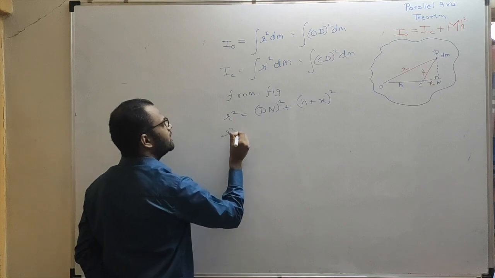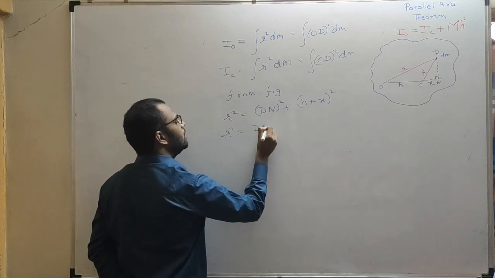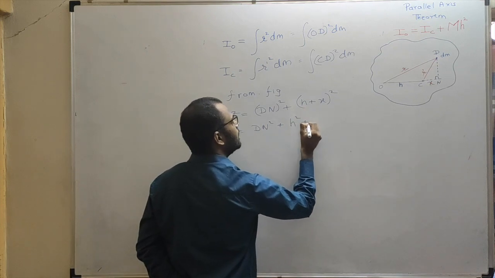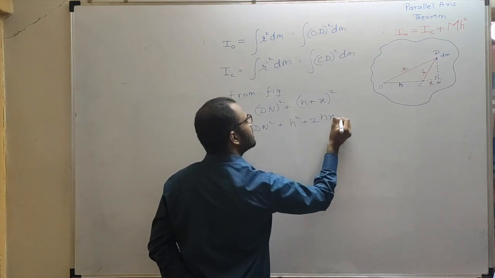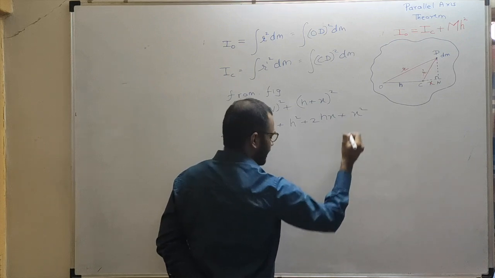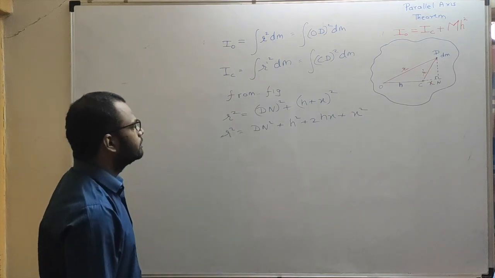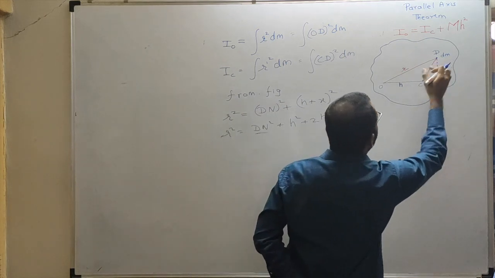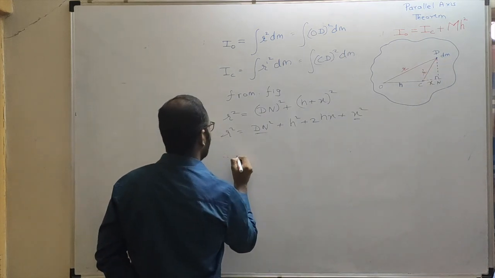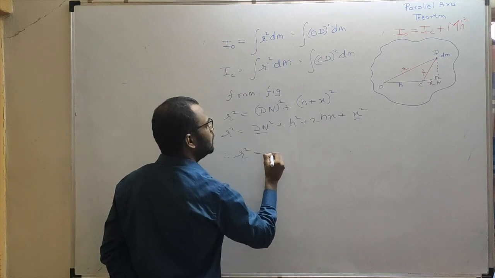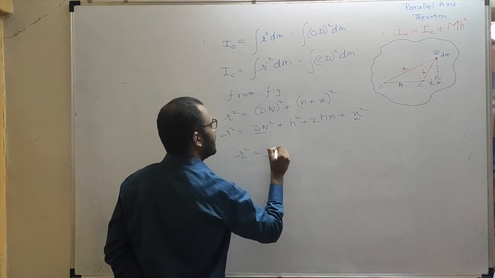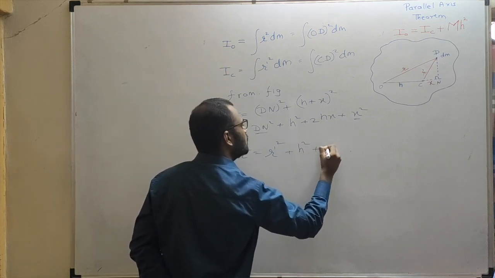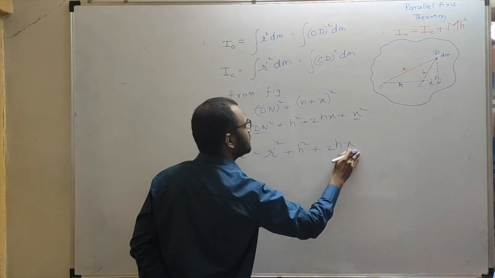So R square is equal to DN square plus, I will open this bracket, h square plus 2 times hx plus x square. Now we know that DN square plus x square is nothing but r dash square. So therefore r square is equal to r dash square plus h square plus 2 times hx.